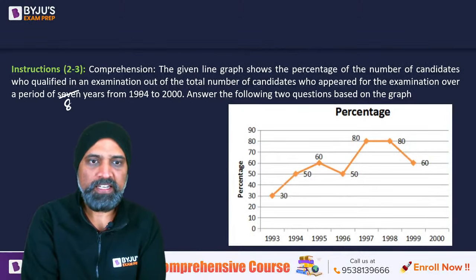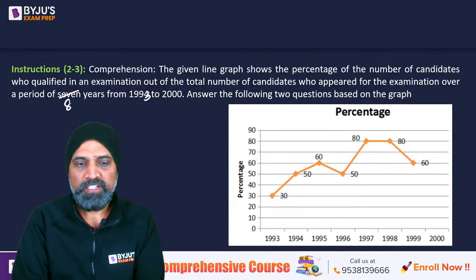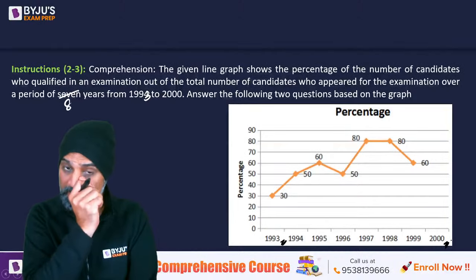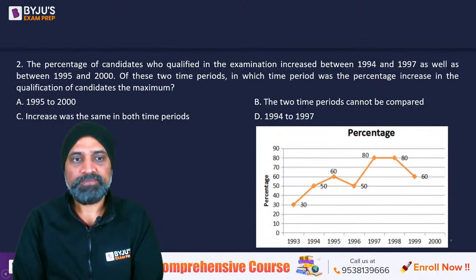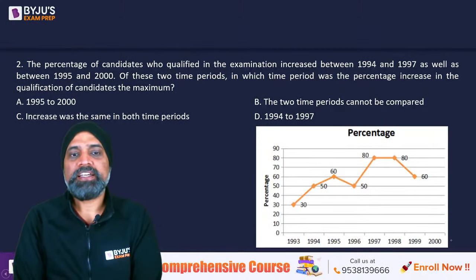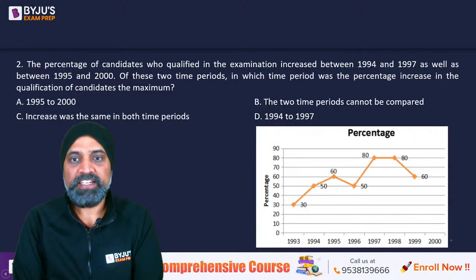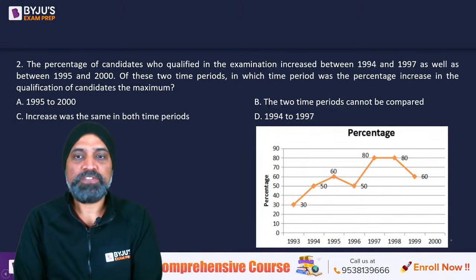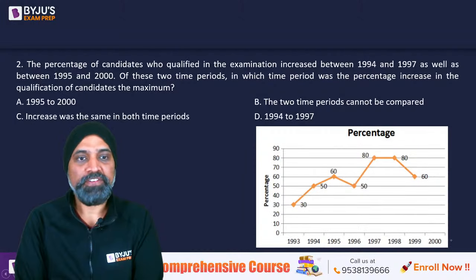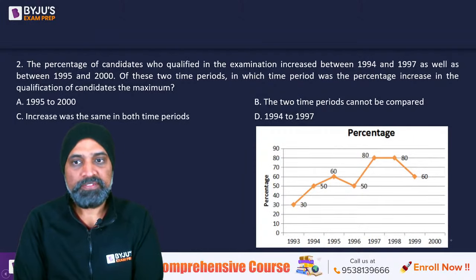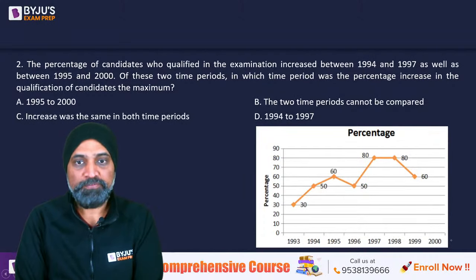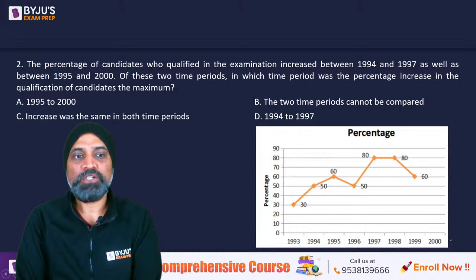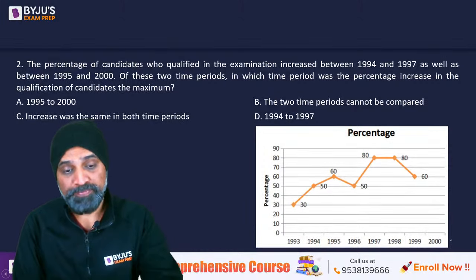Not 7 years, from 1993 to 2000. So we have 1993 and then we have 2000. These are 8 years, right? Okay. So let's see. The percentage of candidates who qualified in the exam increased between 94 and 97 as well as between 95 and 2000. Of these 2 time periods, in which time period was the percentage increase in the qualification of candidates the maximum?